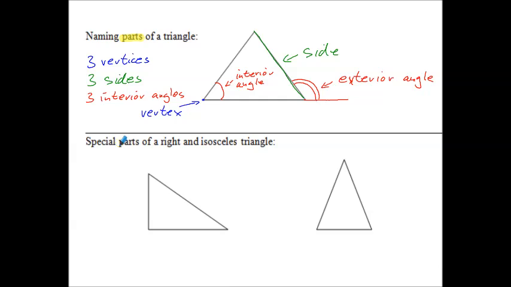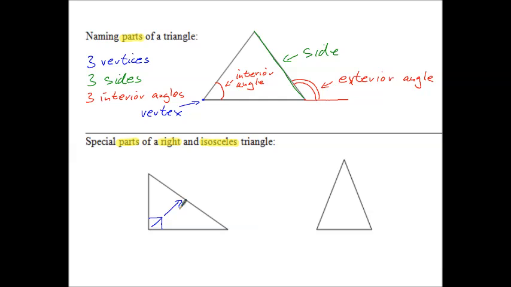So let's talk about special parts of a right and of an isosceles triangle. Right triangles have a right angle. And if you look at that right angle, and you put another line here, then this angle looks almost like an arrow pointing towards this side.